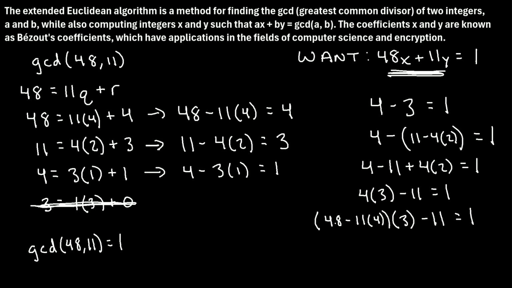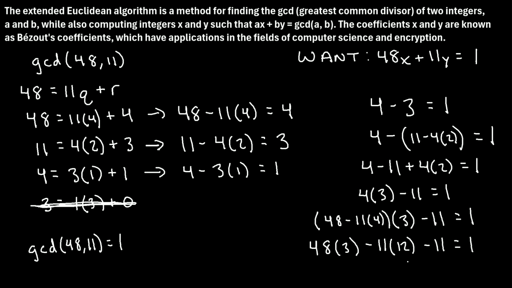So we can see a 48 right here. So if we distribute this 3 into the parentheses, we would get 48 times 3 minus, remember, we want this 11 to end up in this final equation, so we don't want to mess with the 11. But what we can do is take the 3 and multiply it by the 4, which is 12. So that's 11 times 12, and then we still have this minus 11 out here at the end is equal to 1.